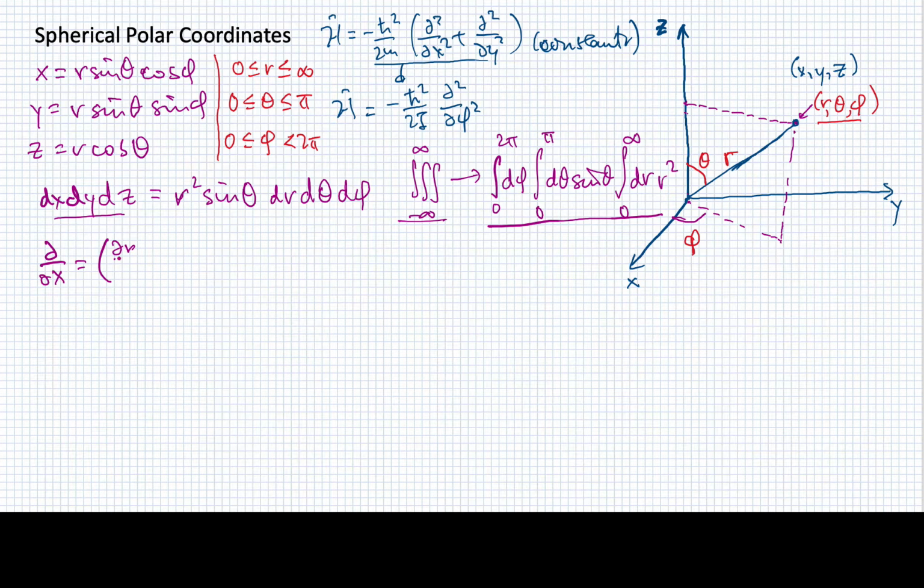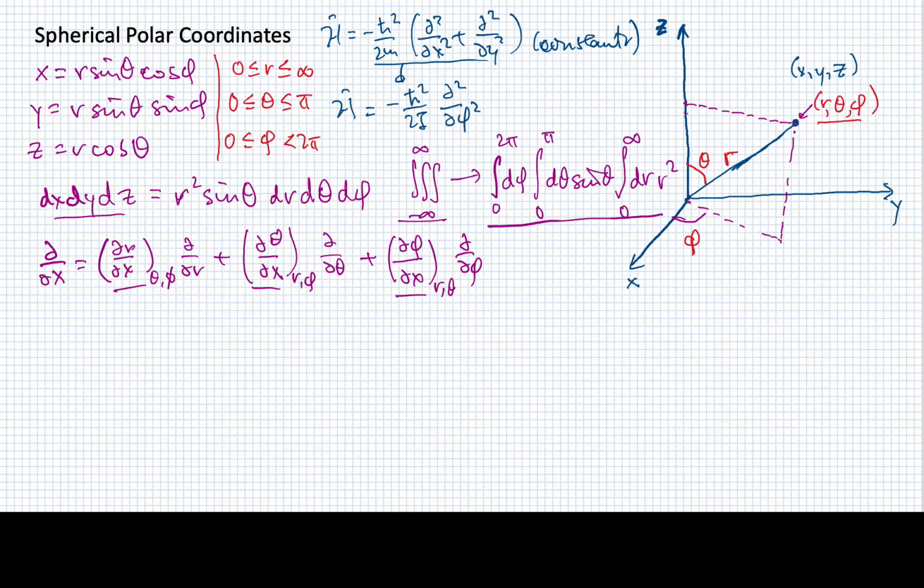So in other words, we would have a chain rule type thing we'd need to work out, where we're evaluating ∂r/∂x ∂/∂r, and then we're adding ∂θ/∂x, at constant r and phi, ∂/∂θ, and we would have a term that would be ∂φ/∂x, at constant r and theta, ∂/∂φ. So we would have to determine these partial derivatives for all of the coordinate pairs that go along here.